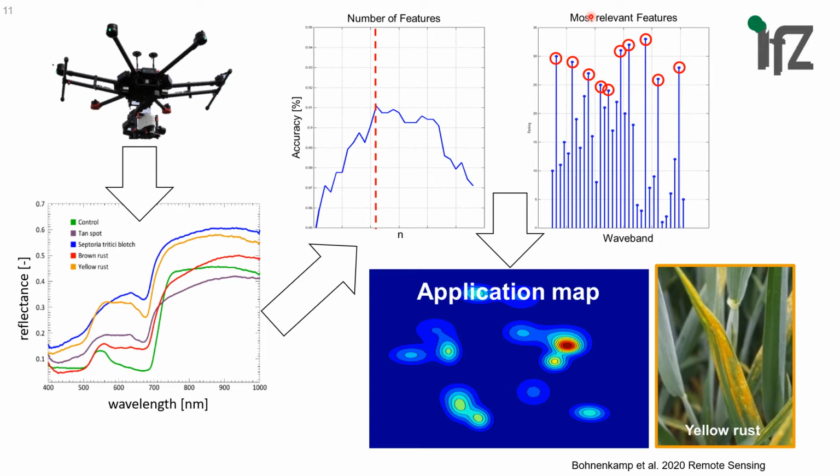This step was performed individually for each disease of wheat, and here the example of yellow rust is indicated. By this we have a data basis for creating application maps which can be used as information for a practical farmer for performing plant protection measures.